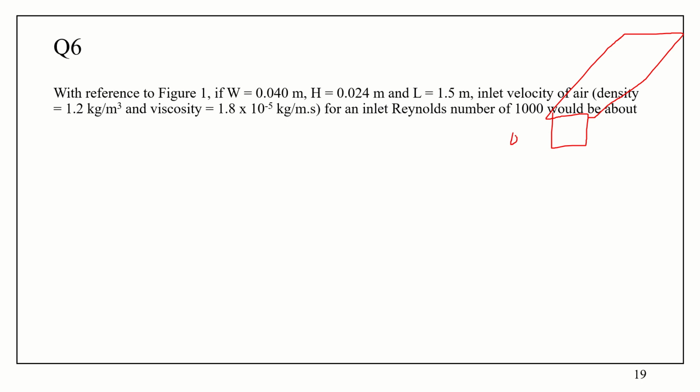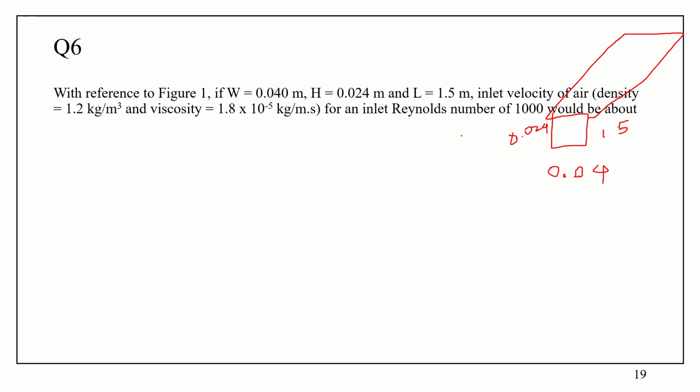H is 0.024, W is 0.04, and the length is 1.5 meter. And what would be the inlet velocity? Inlet velocity of air for an inlet Reynolds number of 1000 would be about dash.